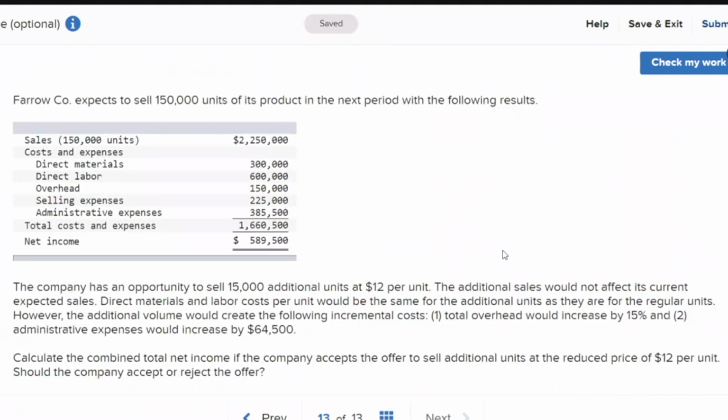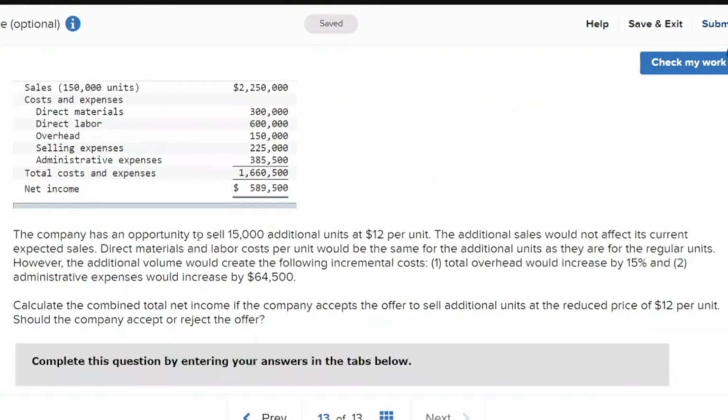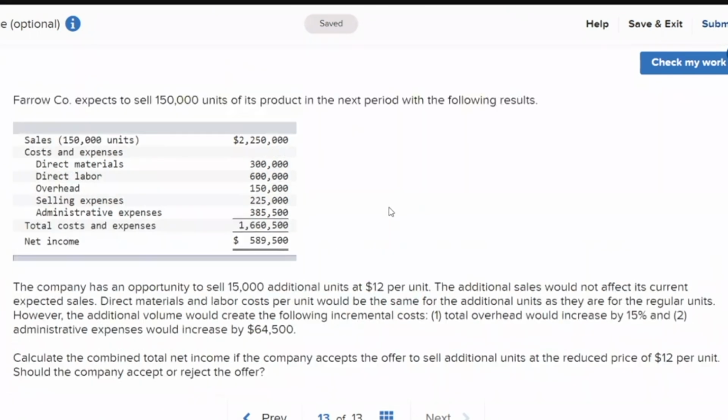So Faro expects to sell 150,000 units of our product in the next period with the following results. Sales, costs, pretty good net income there. So that's what we're currently sitting at. The company has an opportunity to sell 15,000 additional units at $12 per unit, instead of the normal price.